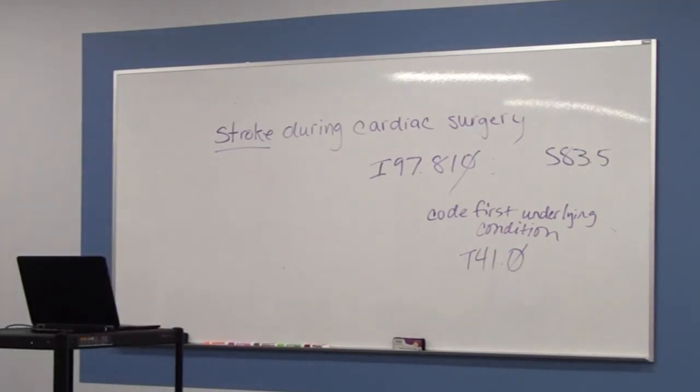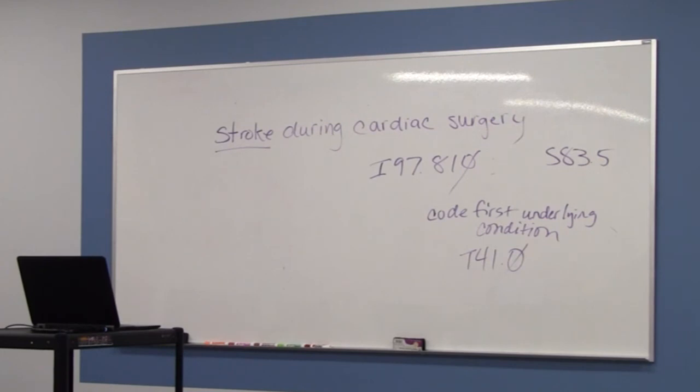Okay, T41.0 says poisoning by adverse effect and underdosing of inhaled anesthetics. Excludes oxygen. I'm going to read that, it's important. I go to T41.0 and there's an X next to it, right? And I've still got all these bullets saying you need more digits, right? Everybody with me? Awesome.